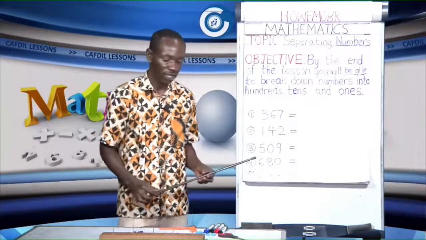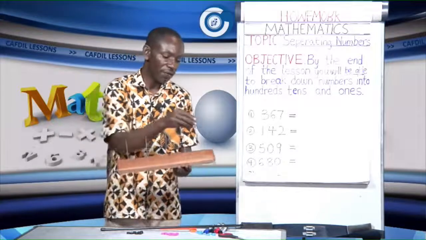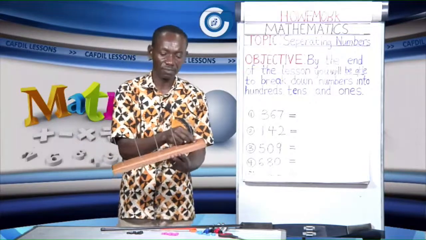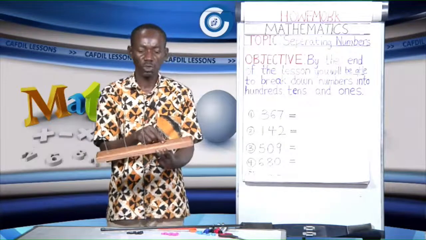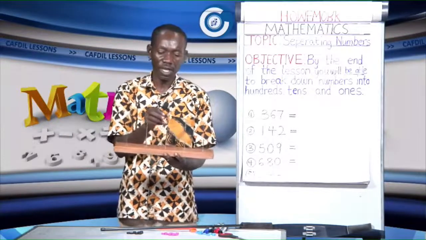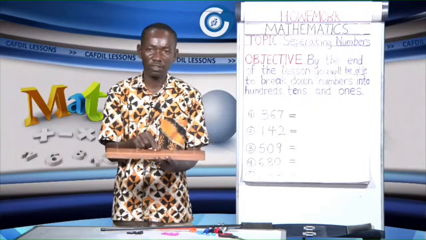Remember, we said for the abacus, the first column shows ones. The second column shows tens, and the third column shows hundreds.